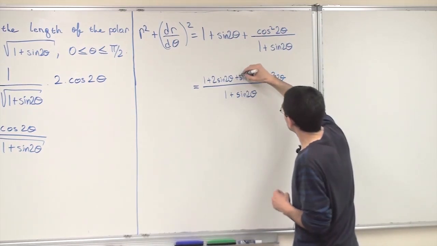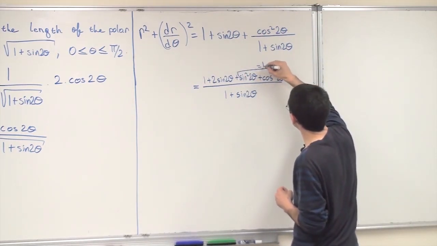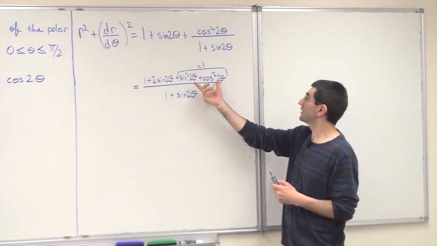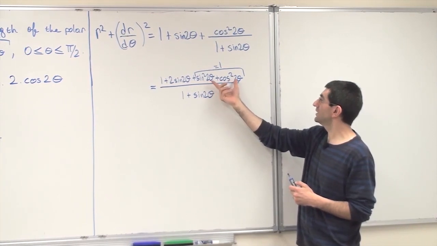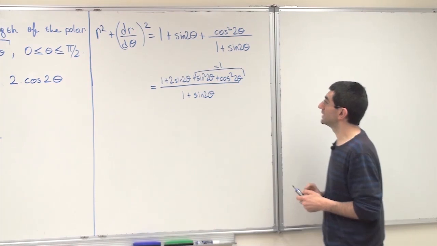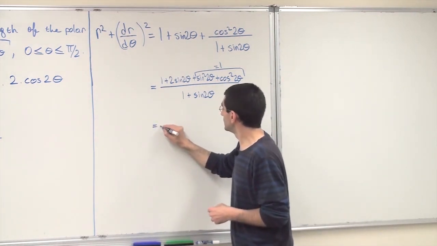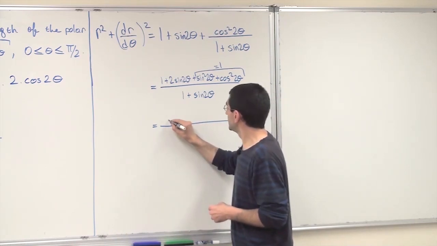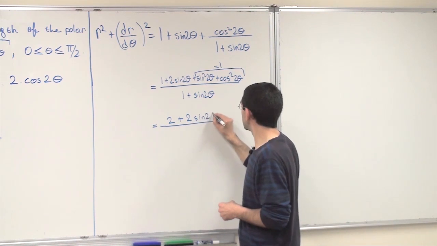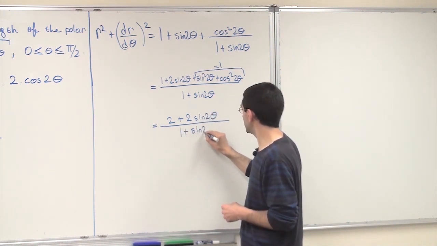Now, in the numerator, we observe that we again have this trigonometric relation, sine squared plus cosine squared of the same argument, which is equal to 1. So we get 2 plus 2 sine 2 theta all over 1 plus sine 2 theta.